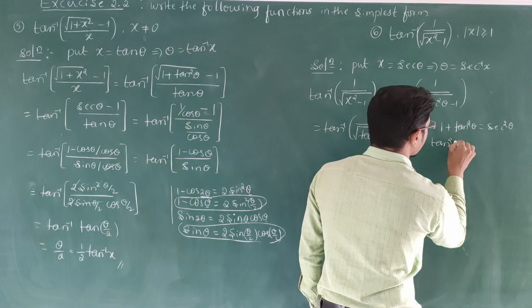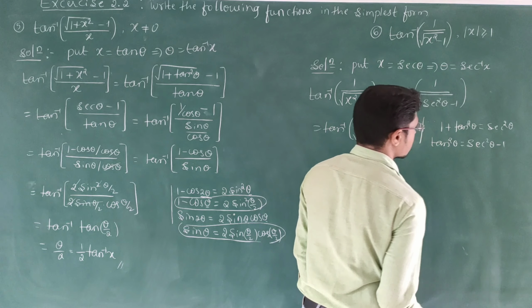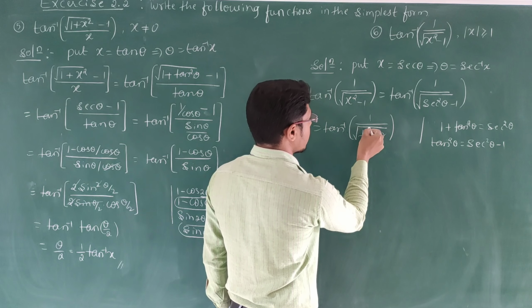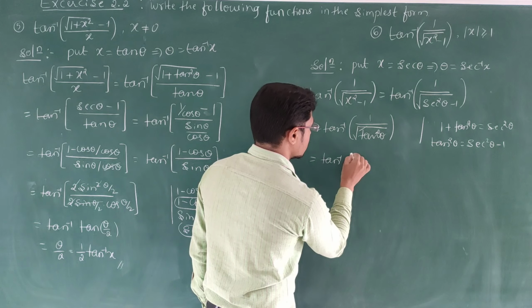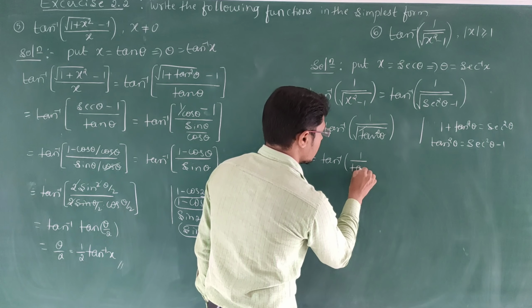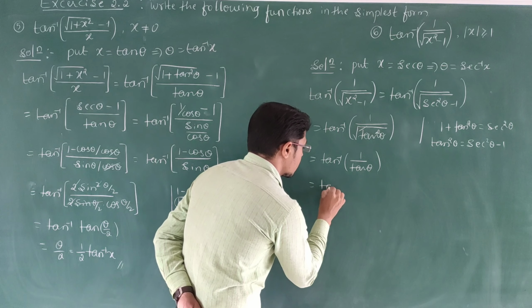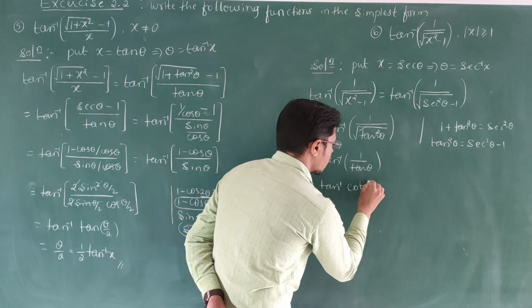Tan square and the square root get cancelled. Tan inverse of 1 divided by tan theta. Next, 1 by tan theta is cot theta.